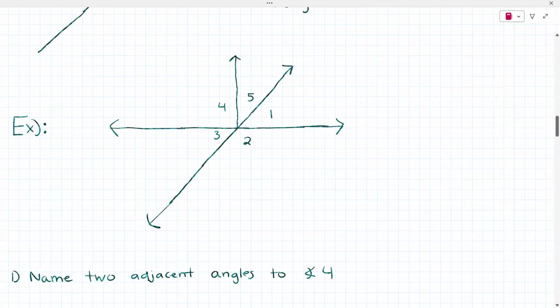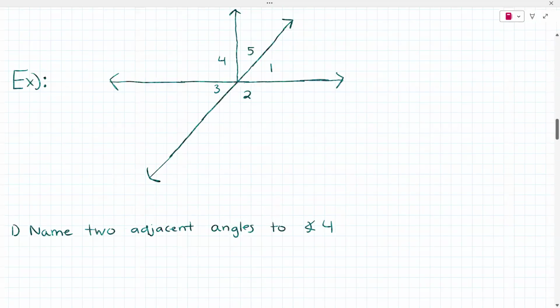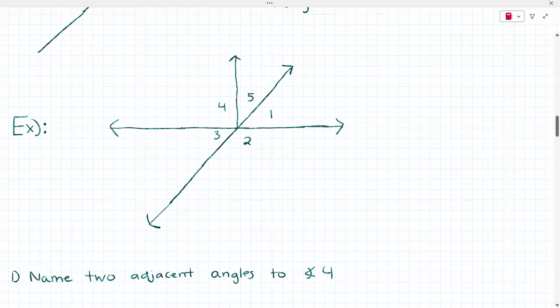So here we have an example. It's like in 3D, and we have angles 1, 2, 3, 4, 5, five different angles. The first question states: name two adjacent angles to angle 4. Here's angle 4. What are two adjacent angles?